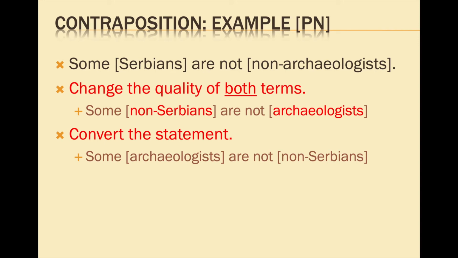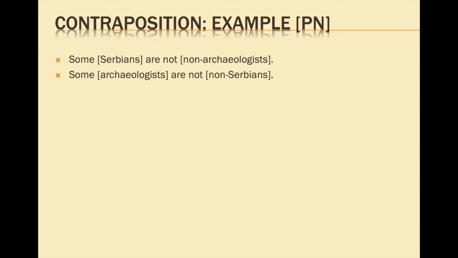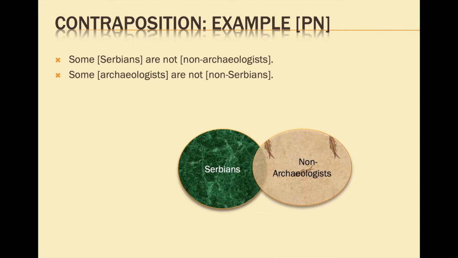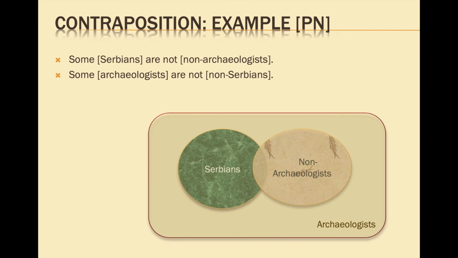Some archaeologists are not non-Serbians. And that's the logically equivalent statement, which can be represented with the identical Venn diagram. Some Serbians are not non-archaeologists is the same as some archaeologists are not non-Serbians. So here we have Serbians and non-archaeologists. That's our original statement. And we have the category of archaeologists outside of the category of non-archaeologists, right?